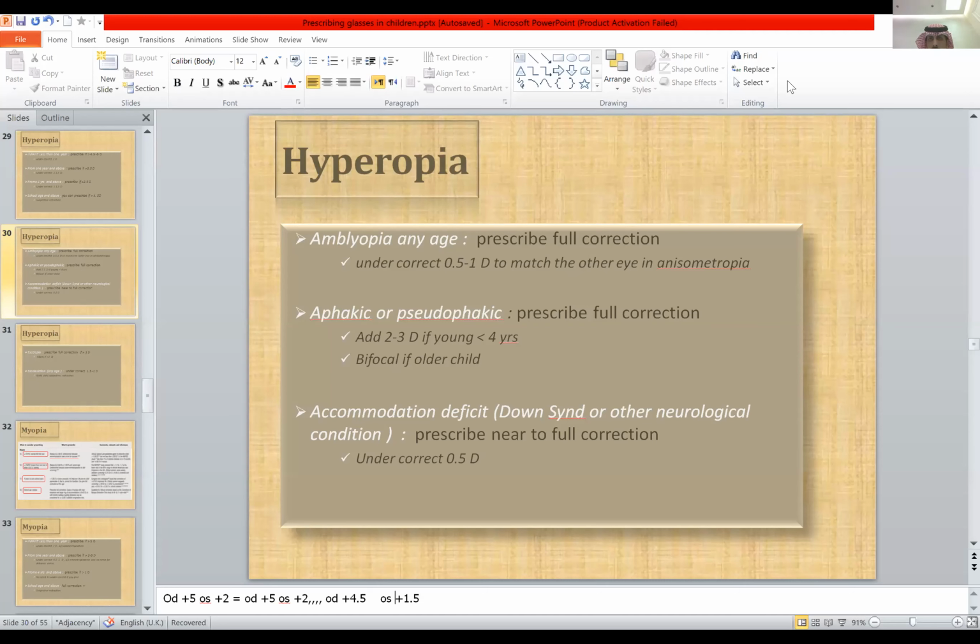The child has XT of 20 and also has myopia. Would you over minus in this patient? If the child has myopia, start with full correction only, and then see what happens.